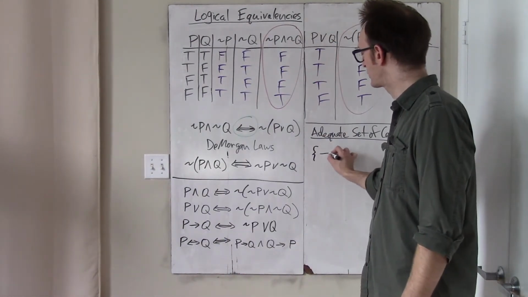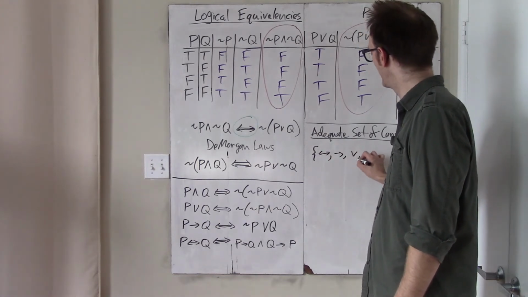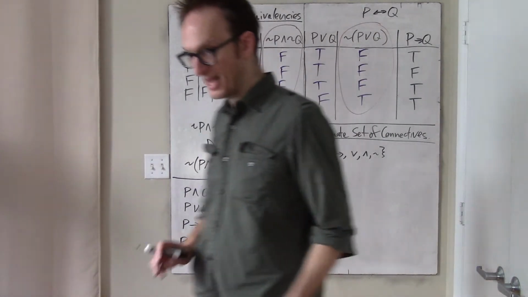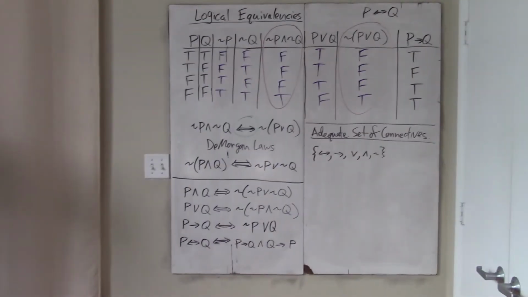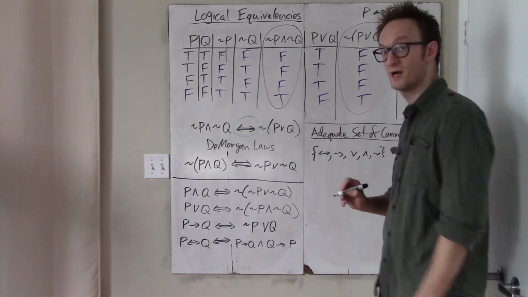Probably it's true that the biconditional, the conditional, or, and not are sufficient. Those are the only ones I've ever heard of before, so it seems I can probably get away with using just these 5, and in fact, that's true.